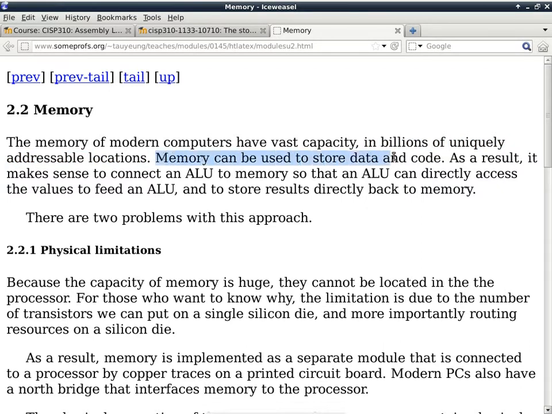Memory can be used to store data and code, as most of you already know. In a C program, the code goes into one portion of memory, your global variables go into another section of memory, and then the stack goes to yet another section. As a result, it seems to make sense to connect the ALU to memory so that the ALU can directly access the values you need to feed it, and also store results from its output directly back into memory.